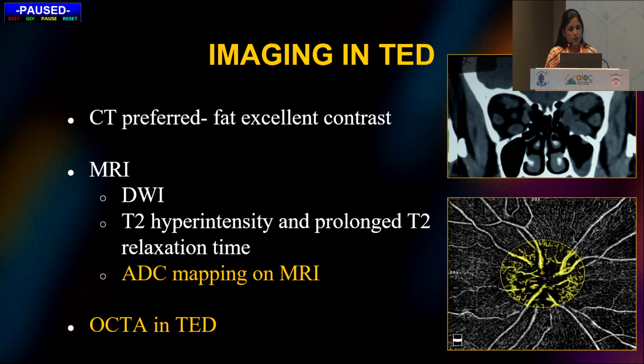CT is the preferred modality, wherein fat serves as an excellent contrast material. MRI with diffusion-weighted imaging and T2 hyperintensity and prolonged T2 relaxation time helps in denoting the activity of the disease in previously treated disease, and also apparent diffusion coefficient mapping is also useful to denote the activity of the disease. Nowadays, OCT angiography in TED is gaining momentum.